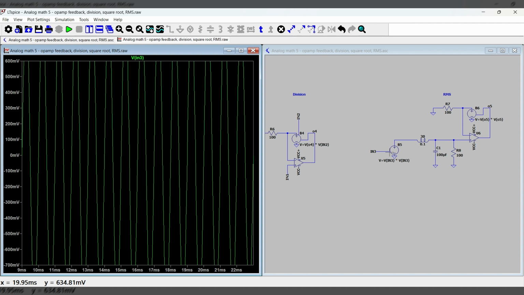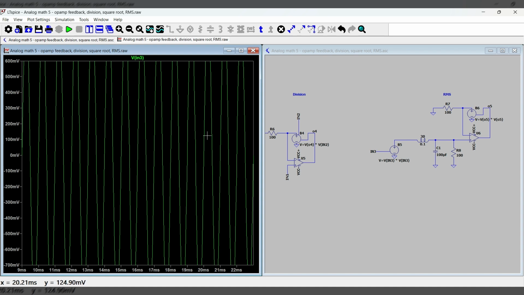Then we square this, right? It becomes all positive. Now we average it through this low pass filter. And the low pass filter, you need to design it in a way that the cutoff frequency does not include any of the higher harmonics of your signal. In this case, I only have one signal harmonic, which is the actual sine wave itself.